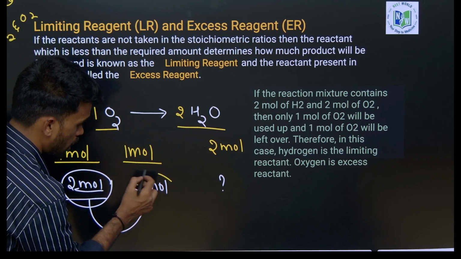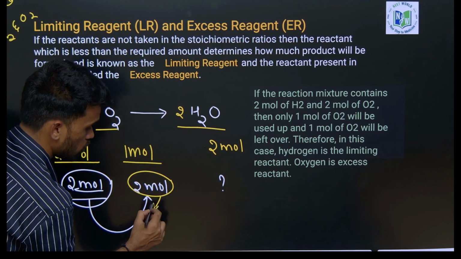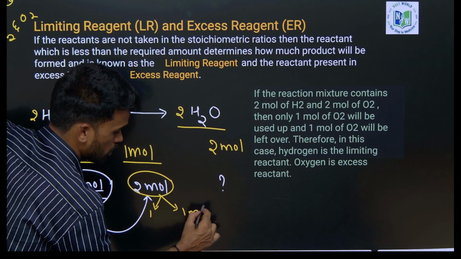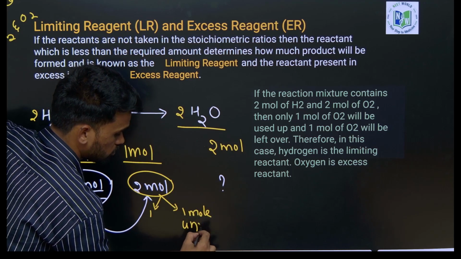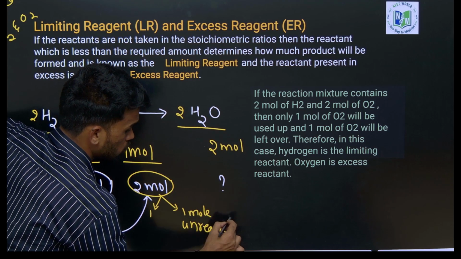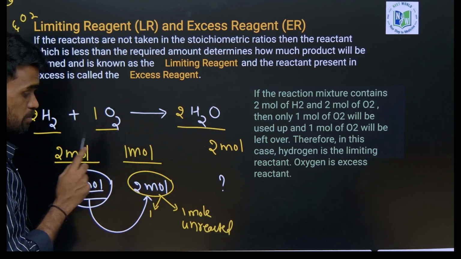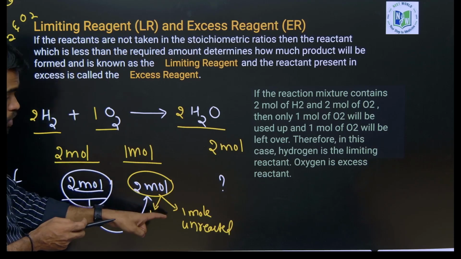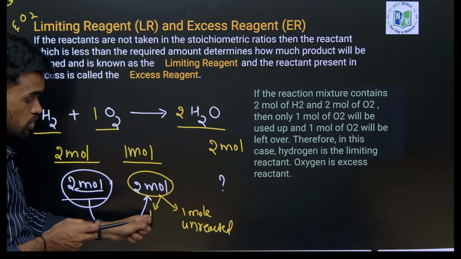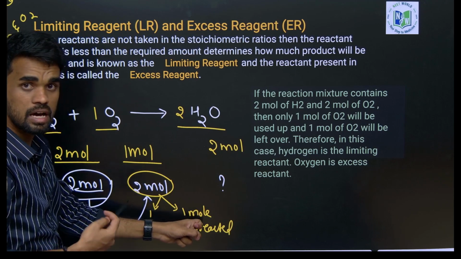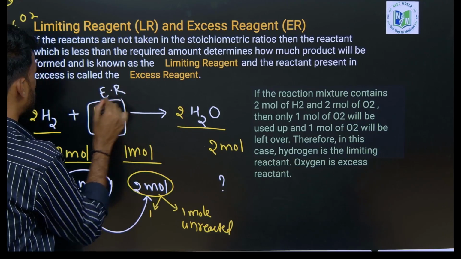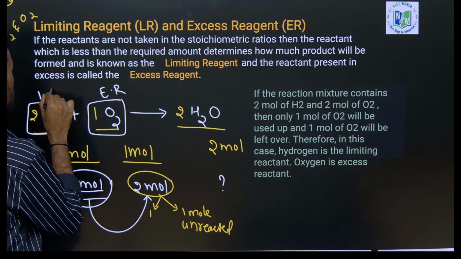So out of these 2 moles, 1 mole is used for the reaction and 1 mole remains unreacted. So I hope you got which is limiting and which is excess now. This is completely reacting, but out of these 2 moles, 1 mole is reacted and 1 mole remains unreacted. It means this can be the excess reagent and this will be our limiting reagent.